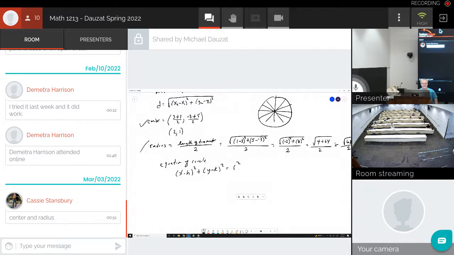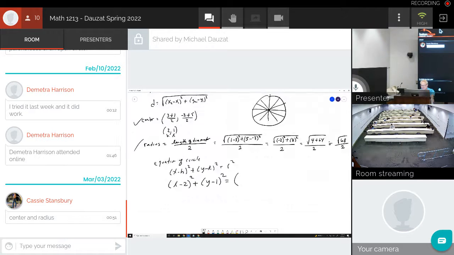Okay, what's h? Remember, the center is (2, 1). So 2 represents which letter? H. 1 represents what letter? K. So I have so far x minus h. What's h? 2, squared, plus y minus k. What's k? 1, squared, equals the radius.